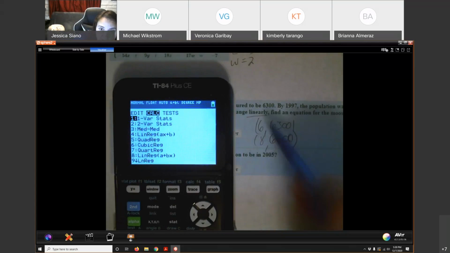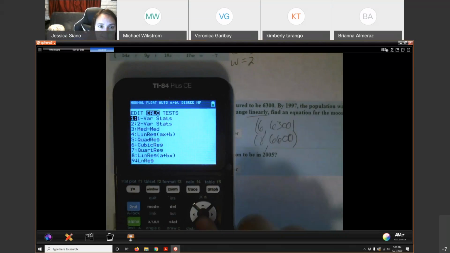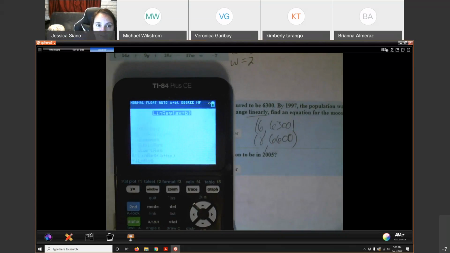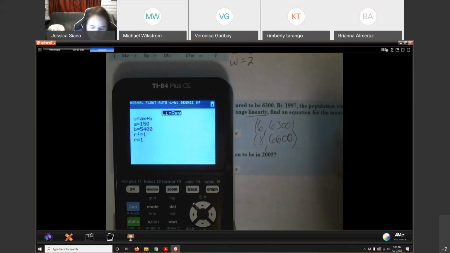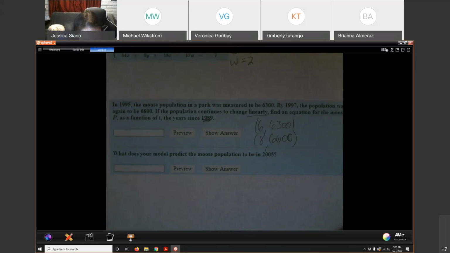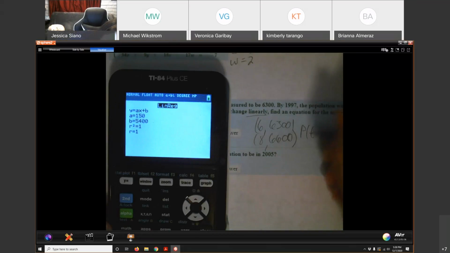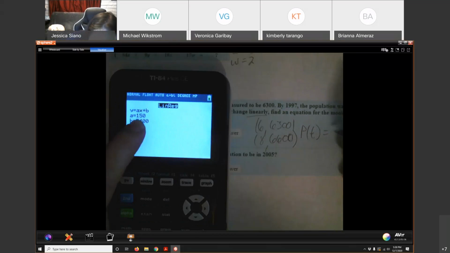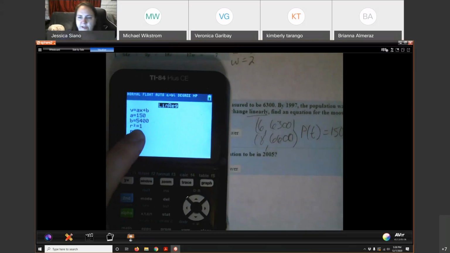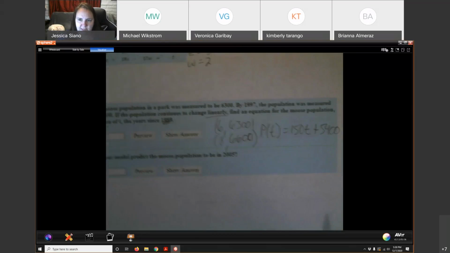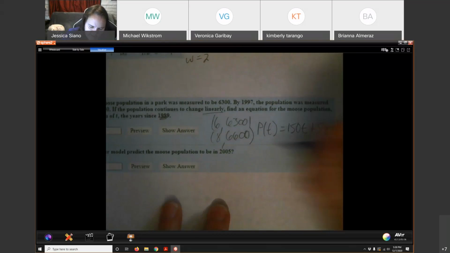This is linear, so we'll do linear regression. And then that means that we have P of t equals 150t plus 5,400. And that is my equation.